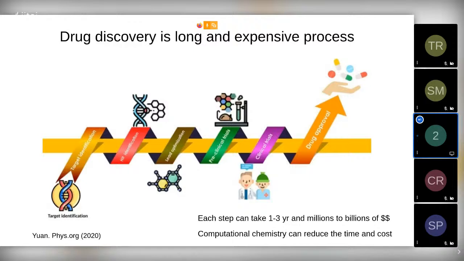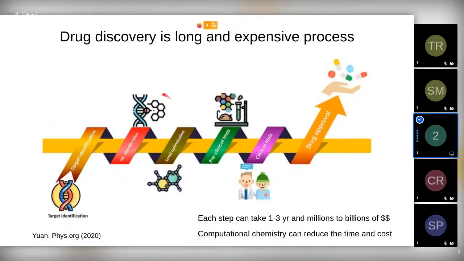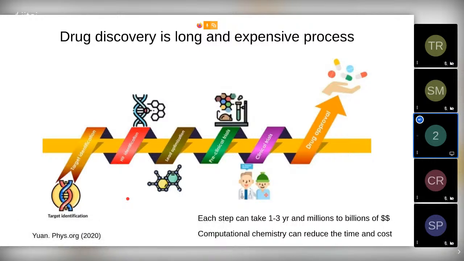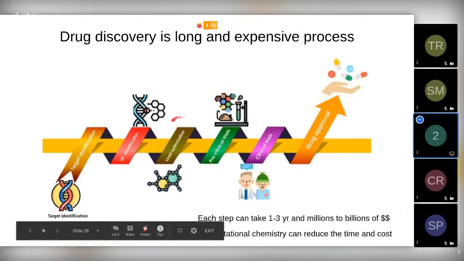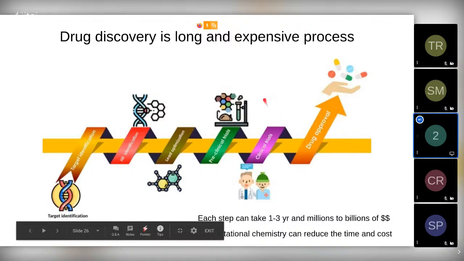So first, I will focus on the drug discovery against the HIV virus. Drug discovery for any disease is a long and expensive process, which begins with target identification, which finds the molecule at which the drug will bind. Then we go to the hit identification, where we select the molecules which will be treated as drugs. And then we have to select a few of those drug molecules that will eventually go to the preclinical trials on systems like mice or other animals.